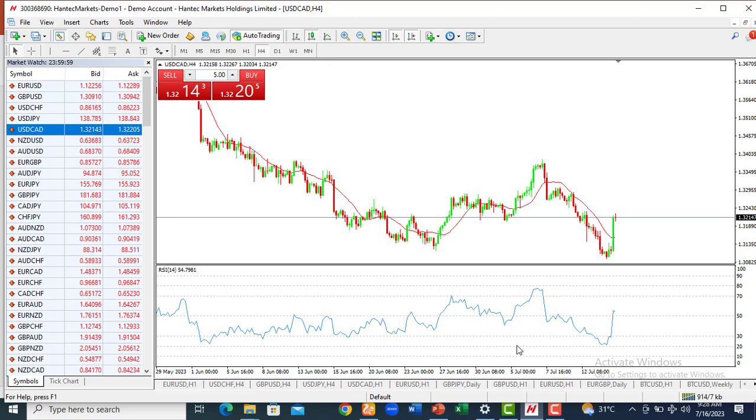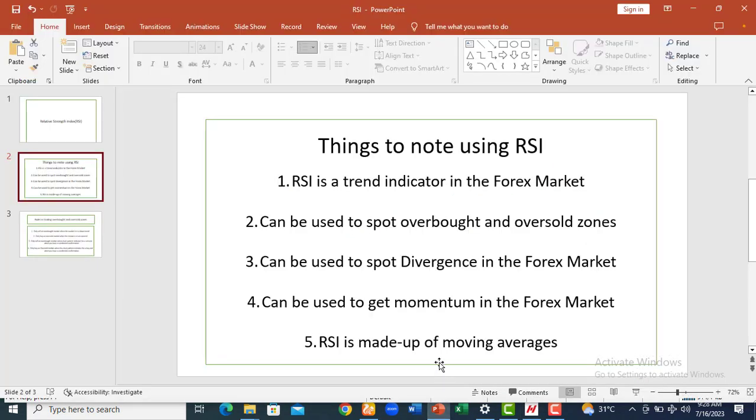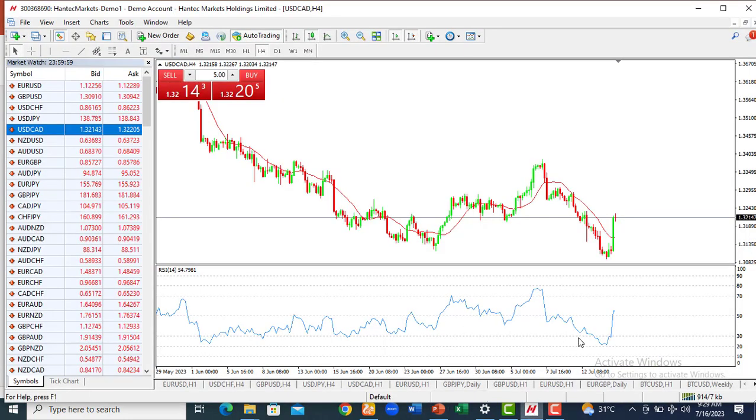So not only that, RSI is also made up of moving averages. Remember, when we applied the RSI, we saw period 14. By default, they bring it with a default period of 14. You can change the period if you wish.